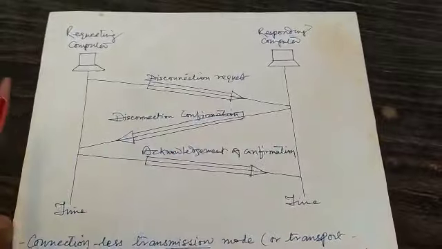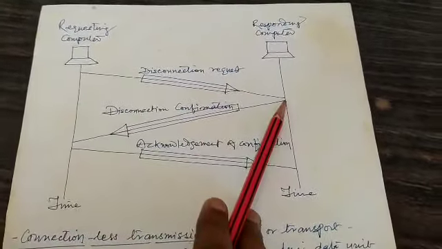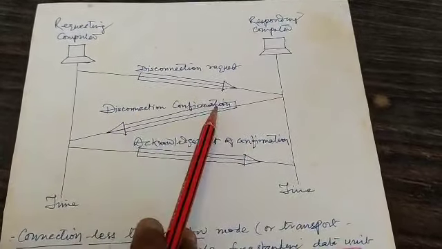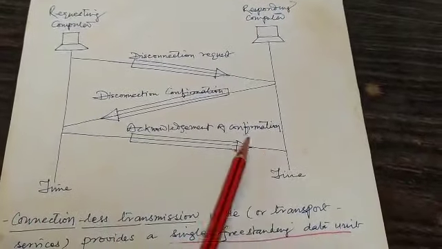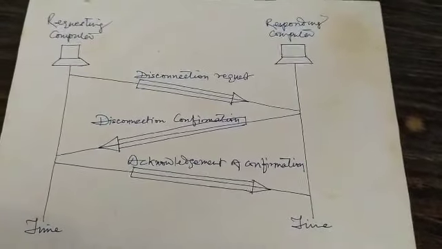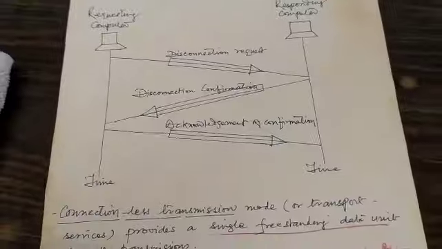You can see, the requesting computer sends disconnection request to the responding side. The responding side sends the disconnection confirmation to the requesting side, and then the requesting computer sends the acknowledgement of this confirmation to the responding computer. After that, both the parties are sure that the connection has been terminated.